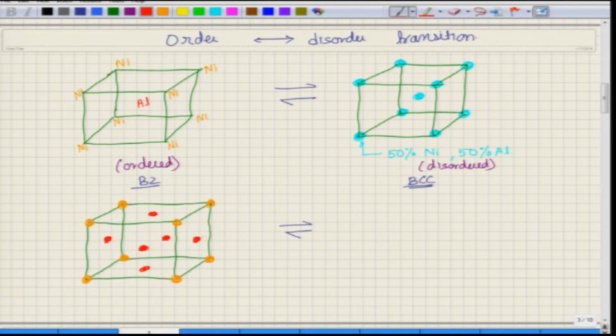So, this is nickel, this is aluminum, and this is an ordered L12 structure. And how will a disordered structure look? Now, I hope you are able to relate and understand what will be different.